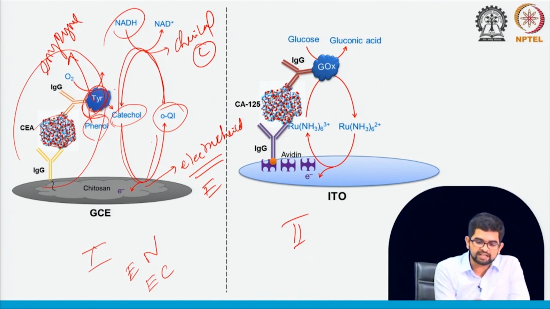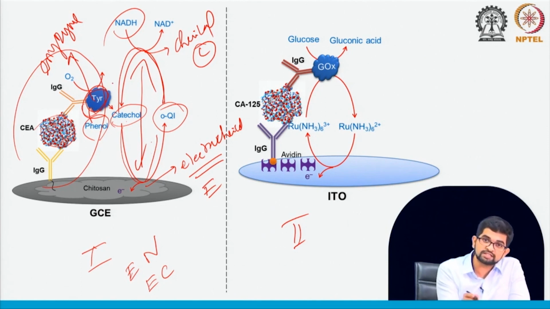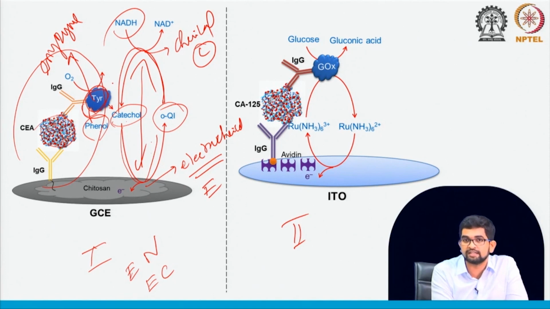This enzymatic reaction, tyrosinase reacting with phenol to form the catechol, is the enzymatic reaction, but here catechol is participating in this redox cycling, not tyrosinase participating in redox cycling. Last time you can remember glucose oxidase directly participating in the redox cycling, that is why it is enzymatic redox cycling. In this case it is not enzymatic redox cycling.